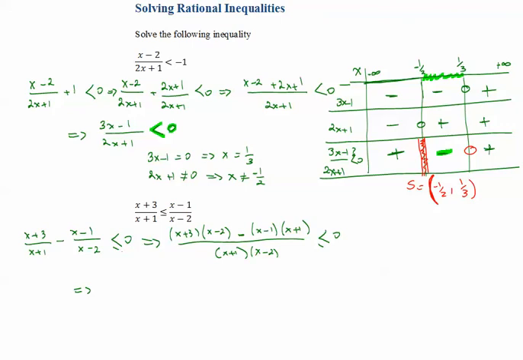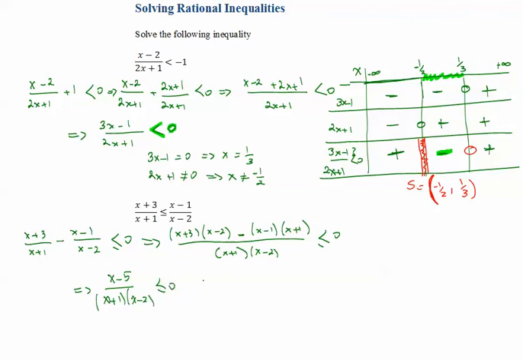Find the LCD, and then when you add the like terms, we're going to have (x minus 5) over (x plus 1) times (x minus 2), less than or equal to 0.